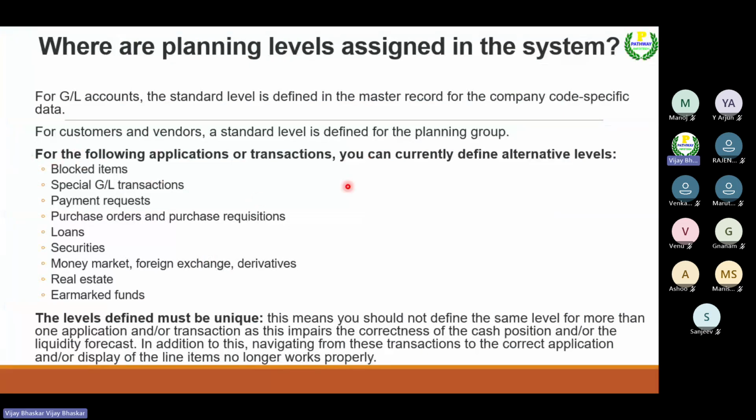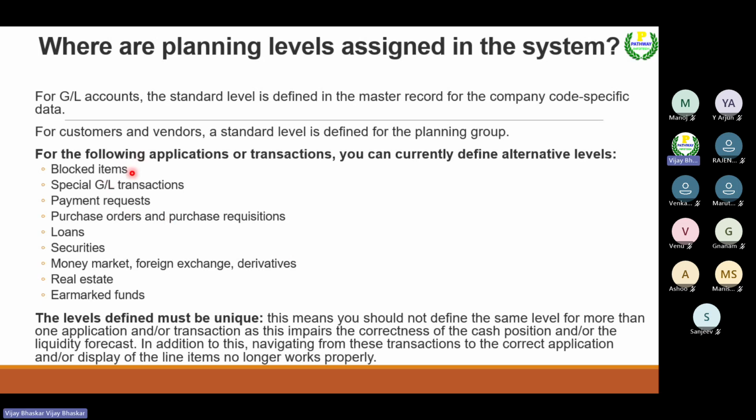For the following applications or transactions, you can currently define alternative levels. So apart from GL, bank GLs, vendors and customers, you can also define your own planning. You can also do your planning.